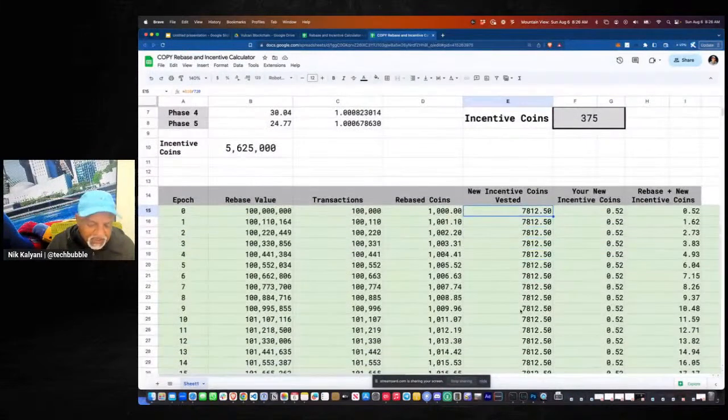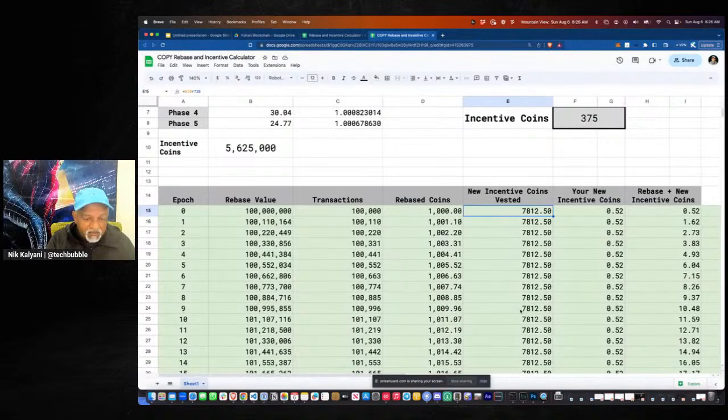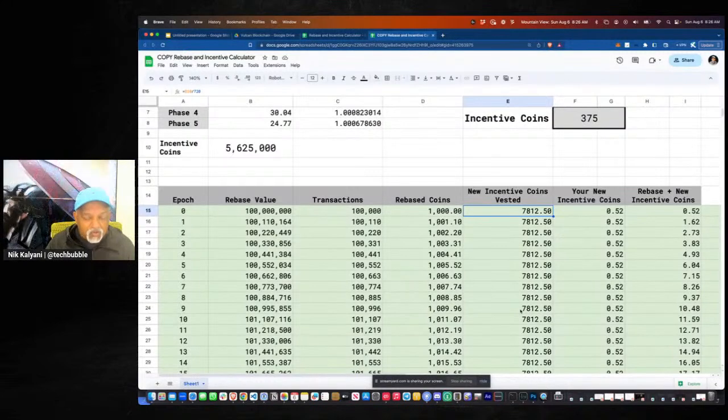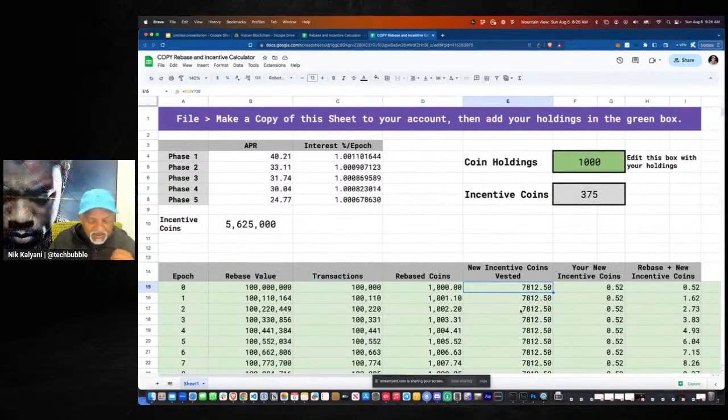So if in the future the DAO decides to add more incentive coins, then that would increase. But that is not something that's planned in this worksheet today. But it is a DAO, and someone can submit a proposal to add more incentive coins. And if we all vote on it and the vote passes, then more coins would also be available there. So that in a nutshell is how this spreadsheet works.